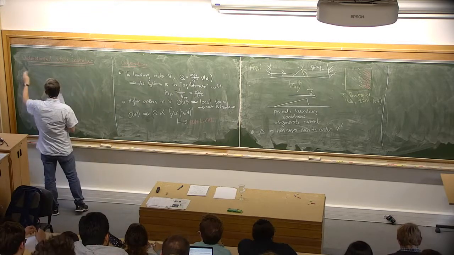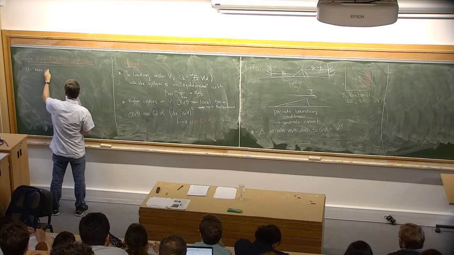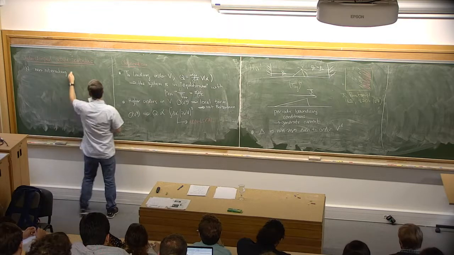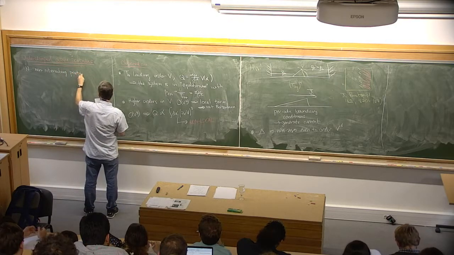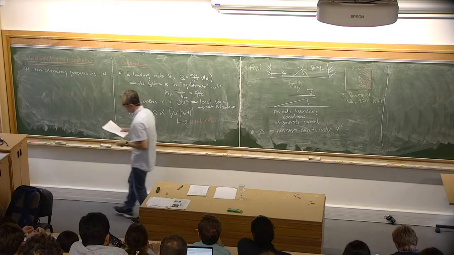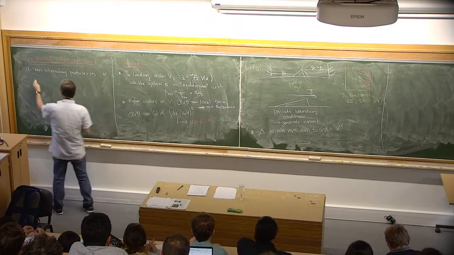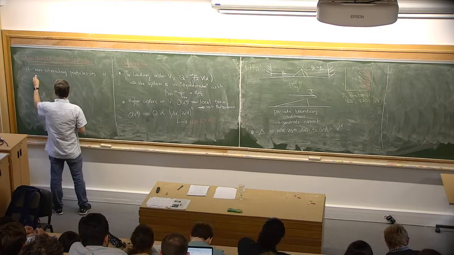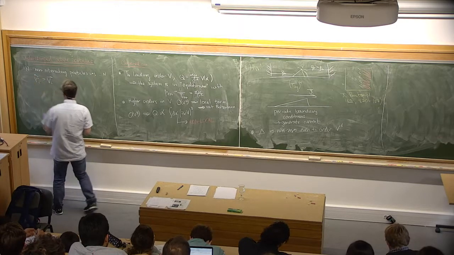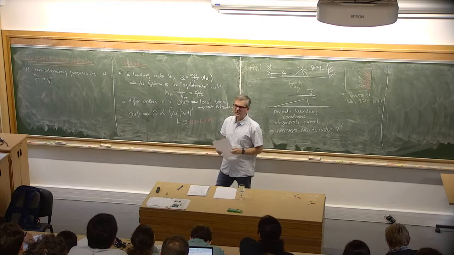So we have N non-interacting particles, i equals 1 to N, and the equations of motion are the following. r_i dot is equal to v_i. That's pretty intuitive. The velocity is the velocity.